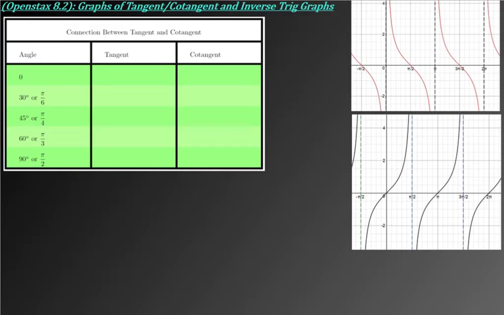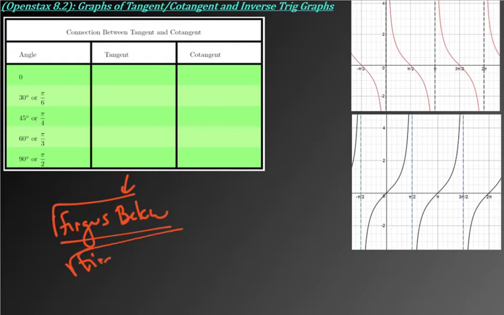But to start off, I want to just fill in this table right here. So, if I want to evaluate tangent at nice angles like this, I'm really just thinking of doing the square root of fingers below over square root of fingers above trick, because sine over cosine is equal to tangent, right?